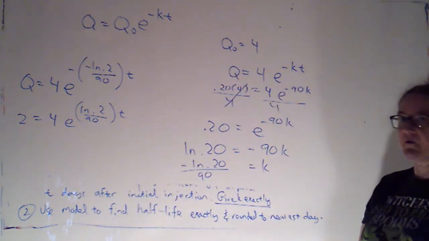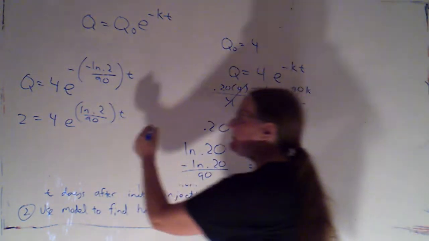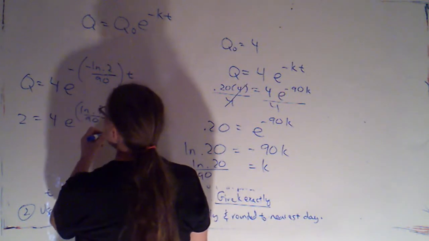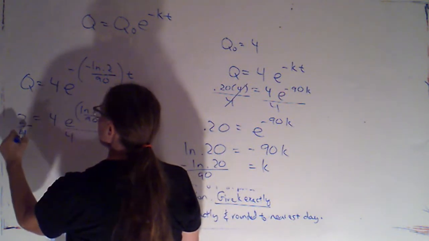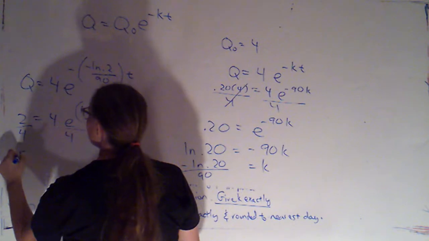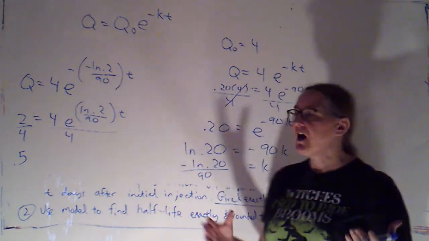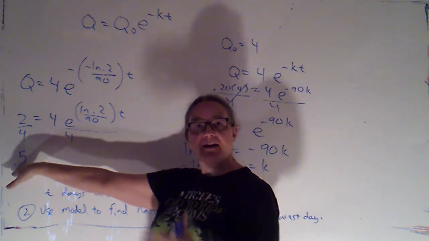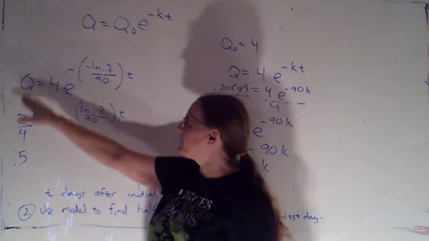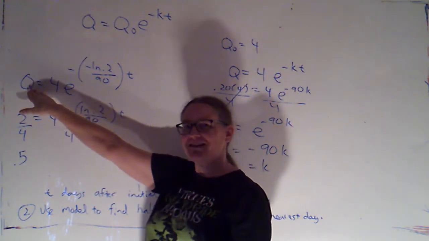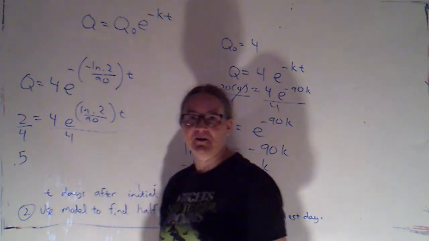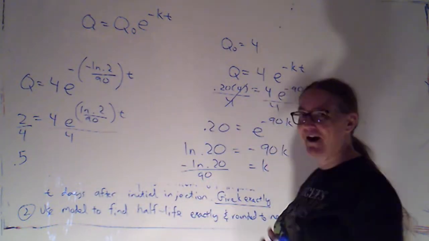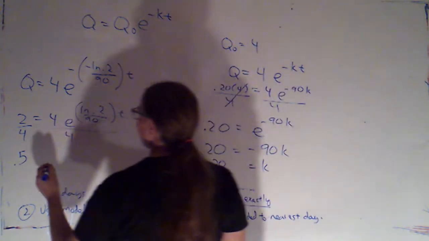I'm going to just cancel those two negatives. Dividing by 4, notice I get 2/4, which is 1/2 or 0.5. Again, when you isolate the exponential expression, what you'll have on the right is the ratio of the quantity you have at that time divided by what you started with. At the time of the half-life, that fraction is 1/2 or 0.5.